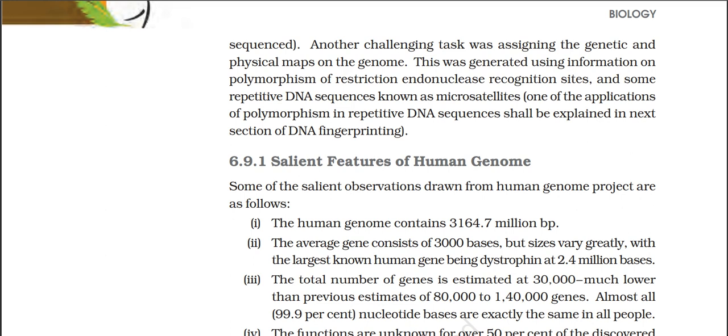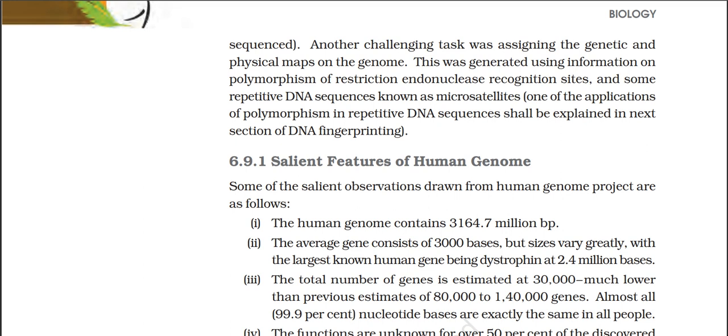6.9.1 Salient features of human genome. Some of the salient observations drawing from Human Genome Project are as follows. 1. The human genome contains 3,164.7 million BP. 2. The average gene consists of 3,000 bases, but sizes vary greatly, with the largest known human gene being dystrophin at 2.4 million bases. 3.